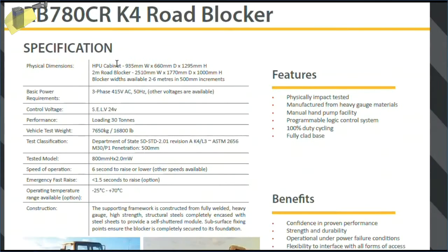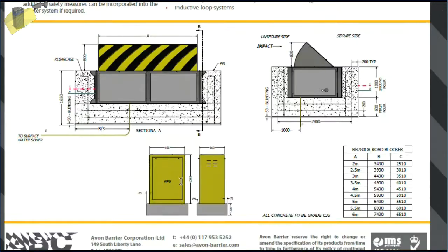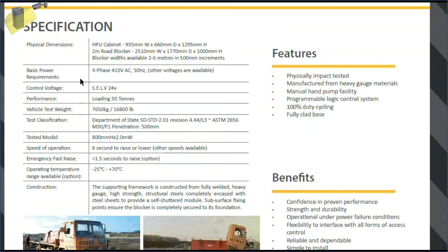Now let's have a look at some specifications. You can see the physical dimensions are given here. There is a drawing also of the hydraulic power unit and the road blocker, showing how much it is below the ground and how much it is above the ground. Basic power requirements include three-phase power.